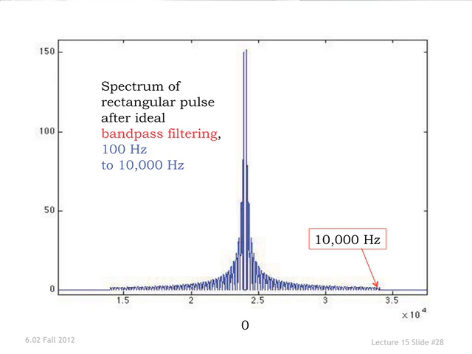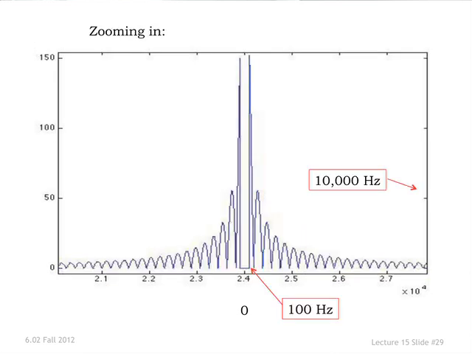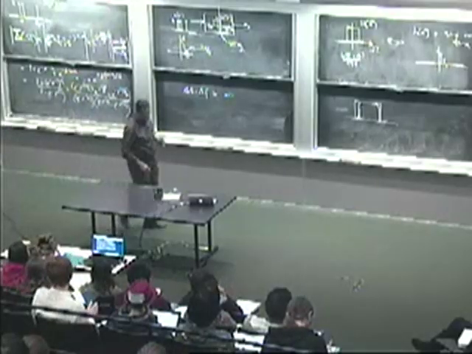So actually, if I zoom in, you can see that a lot more closely. So this is a zoomed-in version of what comes out from a loudspeaker, from a bandpass filter, if I send in a rectangular pulse. The very low frequencies are entirely missing, and we saw in the previous characteristic that the very high frequencies are missing as well. So what's the shape of the pulse that you get out?